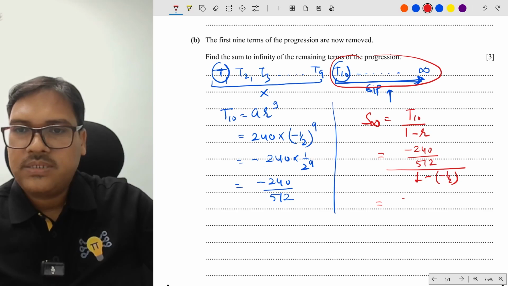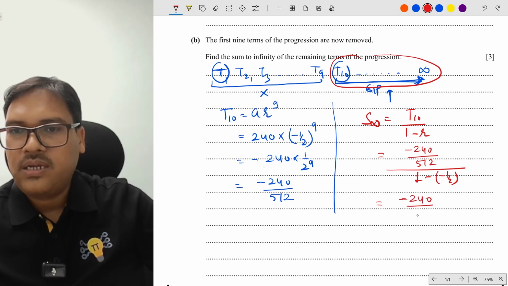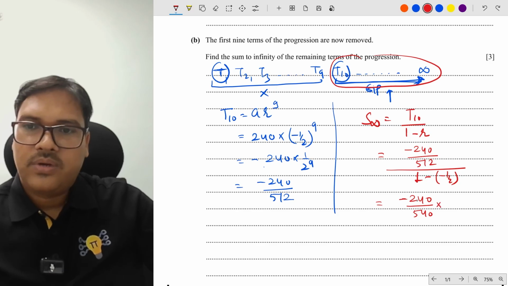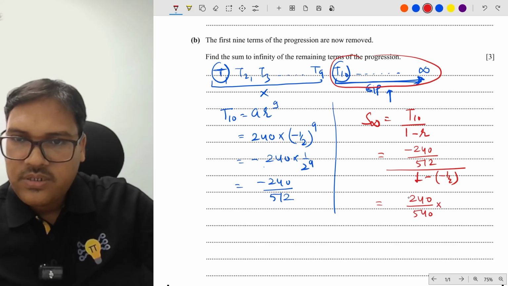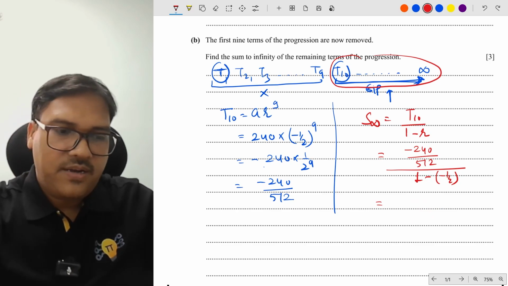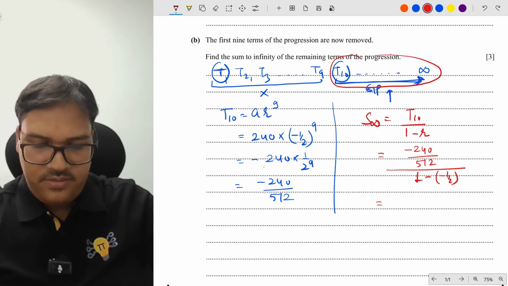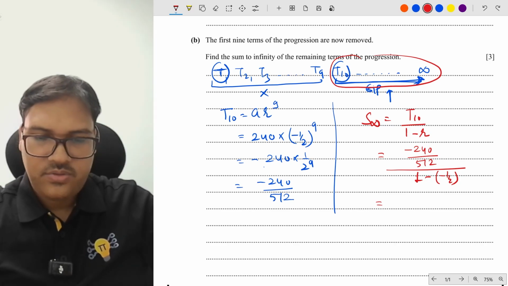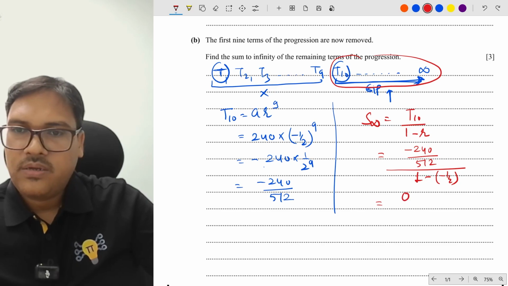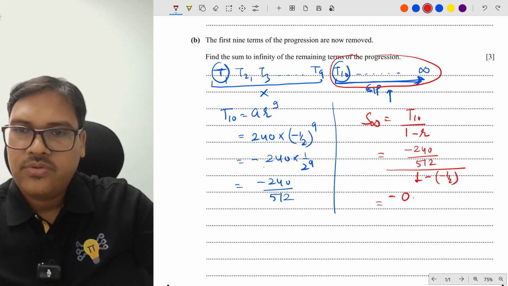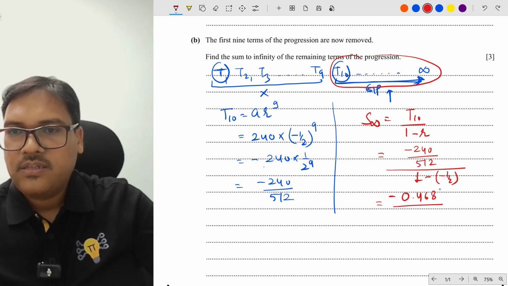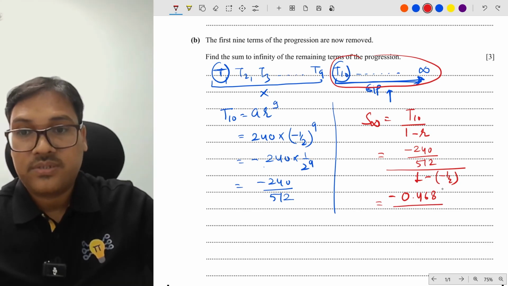So now you can check this. This is negative 240 over 512. Let me do the calculation so that you can easily understand this. We can just put the value: 240 divided by 512 is negative 0.468, divided by 1 plus 1 by 2, which is 3 by 2.